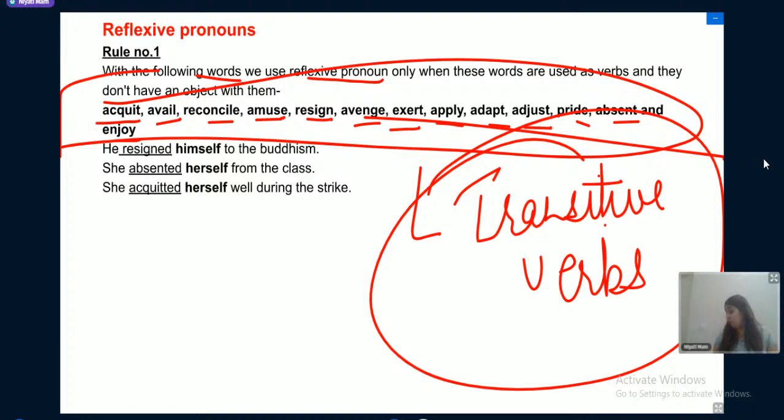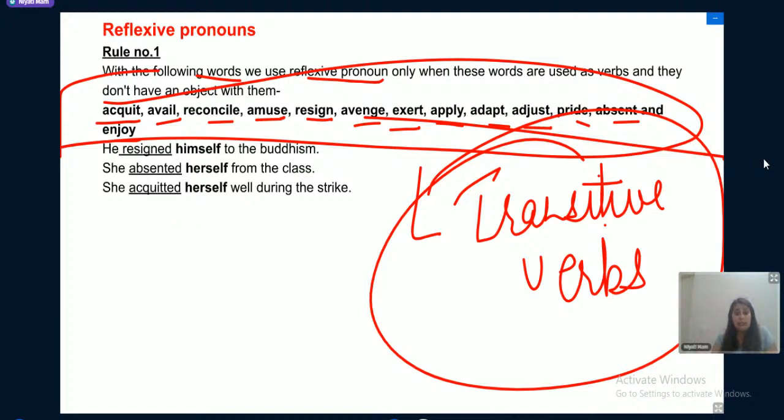Now, I want to know from you, what do you mean by transitive verbs? I have already told you about transitive and intransitive verbs in subject-verb agreement. You need to remember those details. Revise in routine. What are transitive verbs?